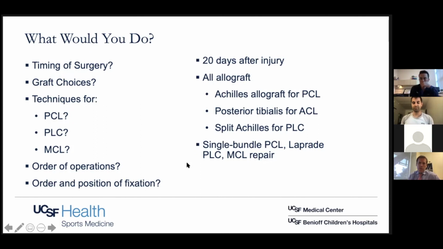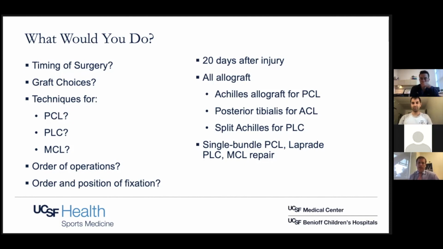This is also one where it helps to have a good team, with somebody prepping all of these grafts on the back table. They can even start the prep before the patient's in the room or asleep. With a full knee dislocation like this, he's already shown that it's not stable, so you can really start right away.